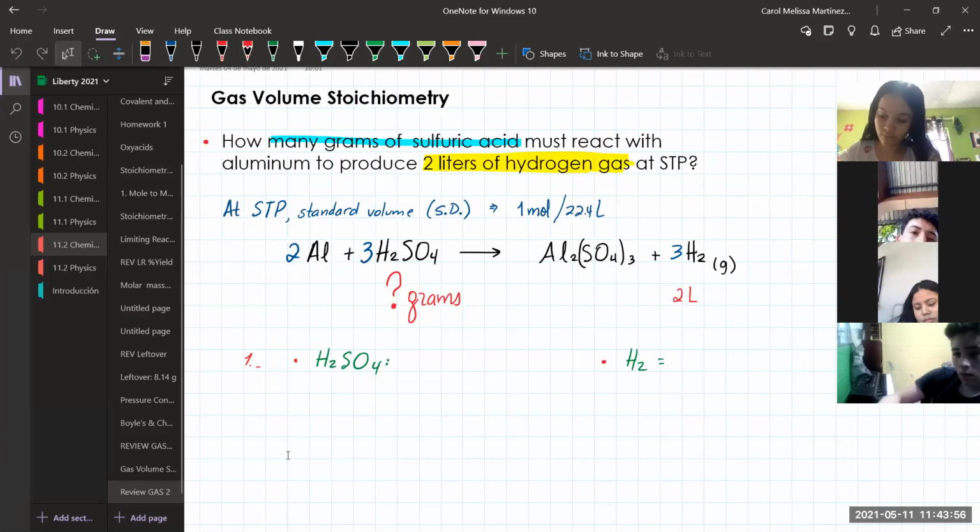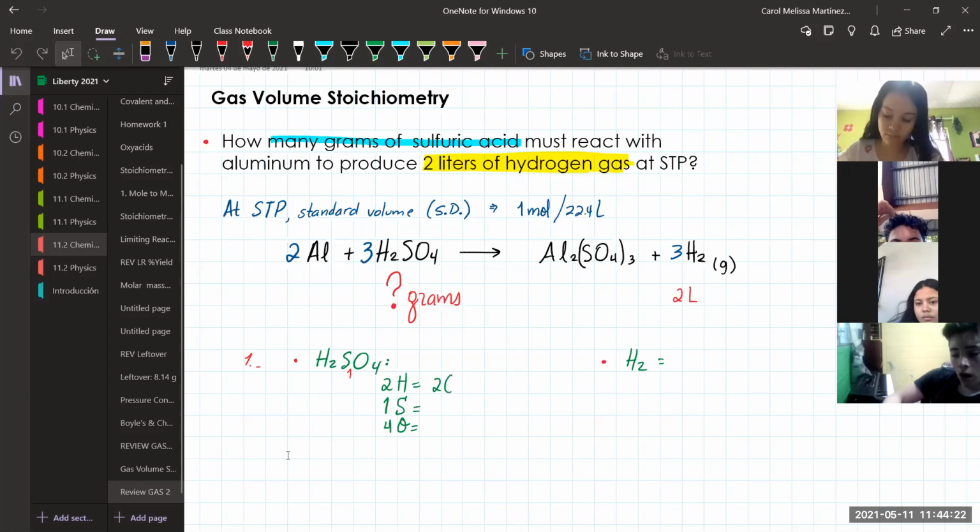Okay, from the sulfuric acid, I have two hydrogens, okay? Invisible one, sulfur, four oxygens. I'm going to use the atomic masses rounded.